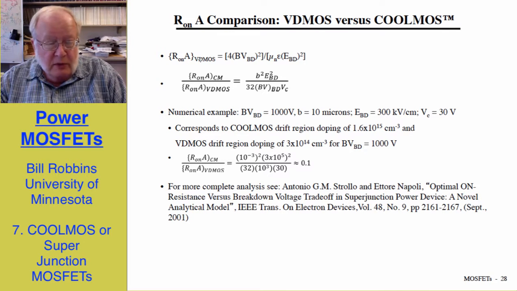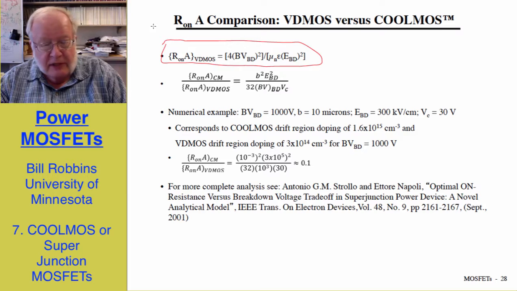For vertically diffused MOS, the on-state resistance per square is given by the formula which I have here. I'm not going to derive it, but it can be found in several references, including the textbook that Mohan, Undeland, and Robbins have written. If we use that formula and the formula that we derived for the cool MOS and form the ratio, we get the equation that I show right here.